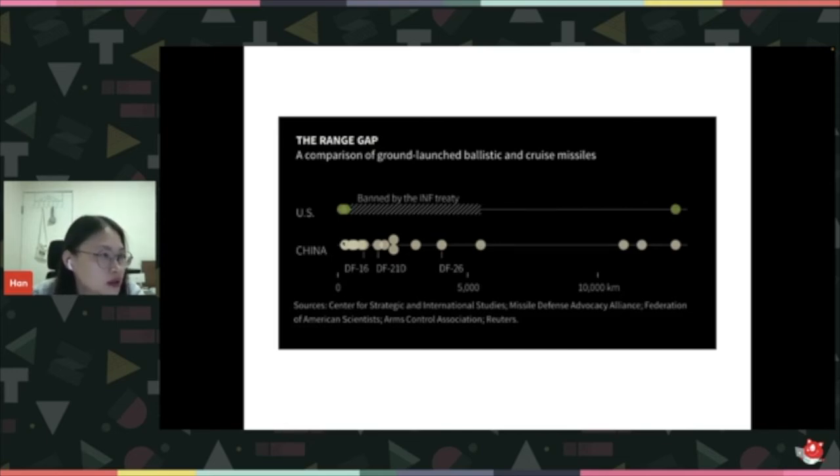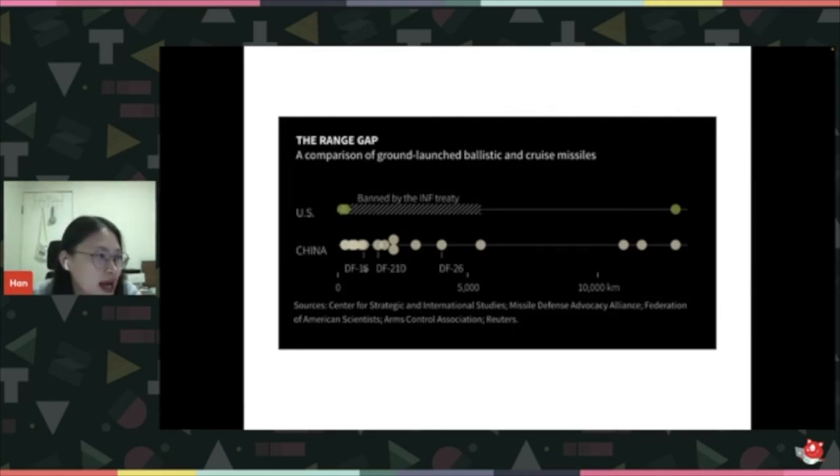It's like along these little dots, and these are the missiles the US has. So this is a simple comparison between the US and China. And in the article, we say that the missile force in China actually outperformed the US.